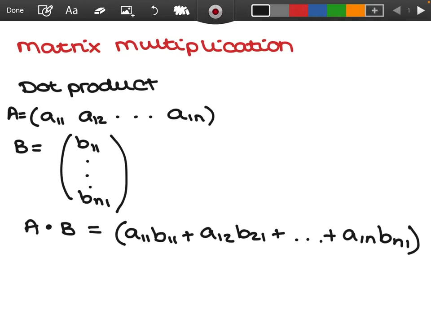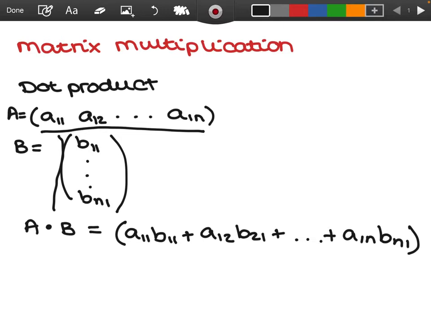A big thing here, and this was something we talked about when we did addition and subtraction of matrices, is the size of the matrix. We have to be aware of the size. We have here n columns, and in B we have n rows. That means that we have the same number of corresponding elements in each of our matrices that we can multiply together and then add up.